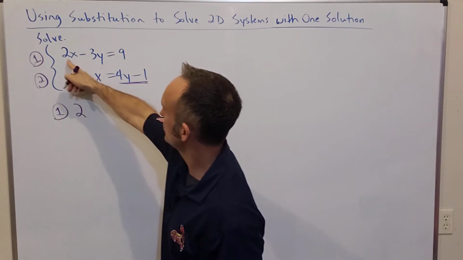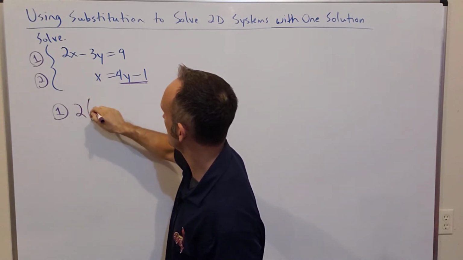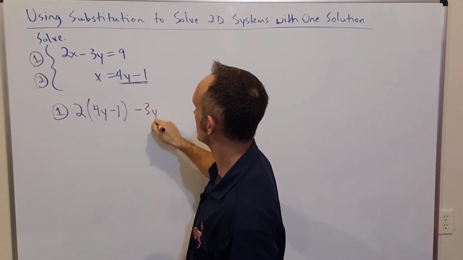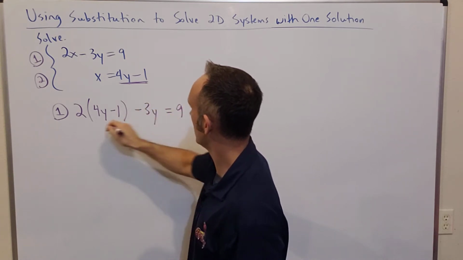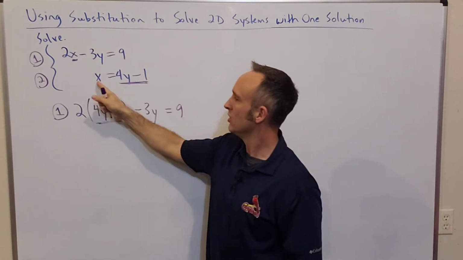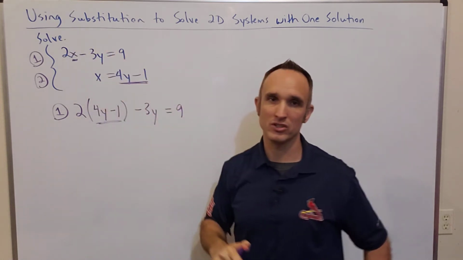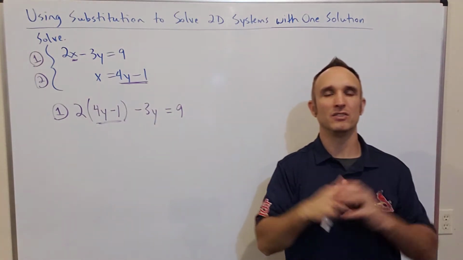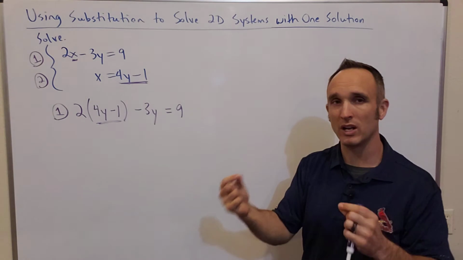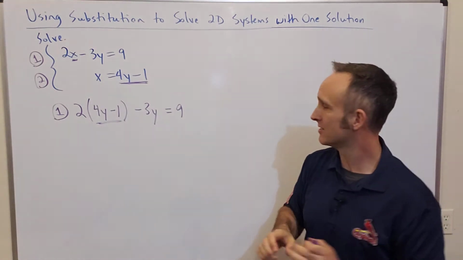So that looks like 2 times x, well that's the same thing as 2 times 4y minus 1, minus 3y equals 9. So all I did was replace my x in equation 1 with its representation from equation 2. You need this sort of mix of the two equations to start to identify what the variables x and y are, what the ordered pair is.